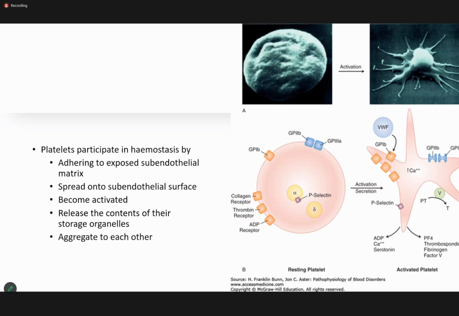What I showed you here is what the platelets look like during the resting phase, and what they look like when they start to activate and extend their filopodia, before they release the granules.